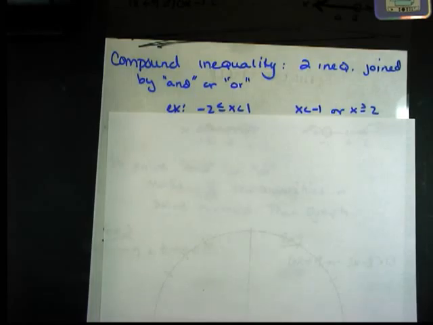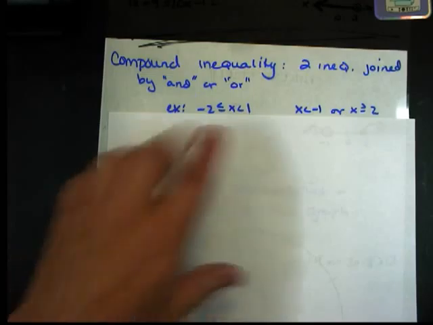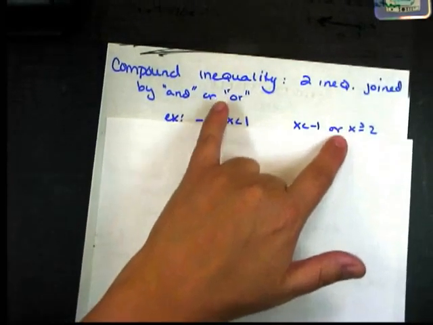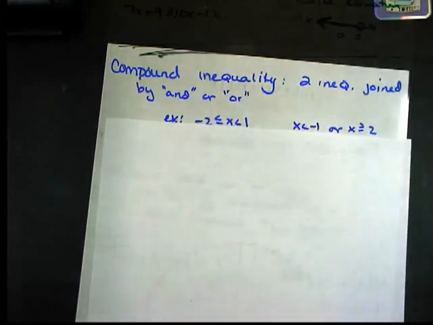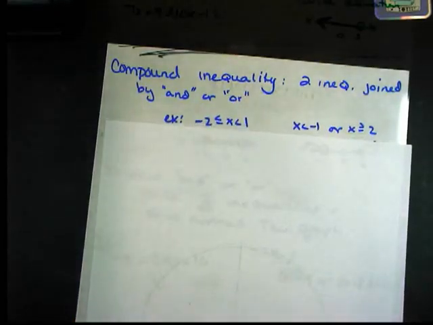-2 less than or equal to x less than 1. And x less than -1 or x is greater than or equal to 2. Now, the or is obvious. You can see that. The or is or. The and is not so obvious because we don't generally write the word and in a compound inequality.